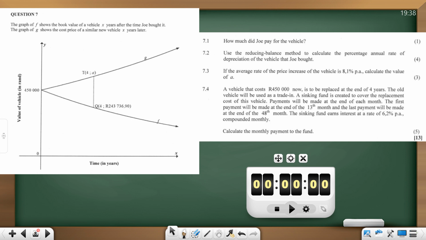Are we winning, guys? All right, let's mark together.